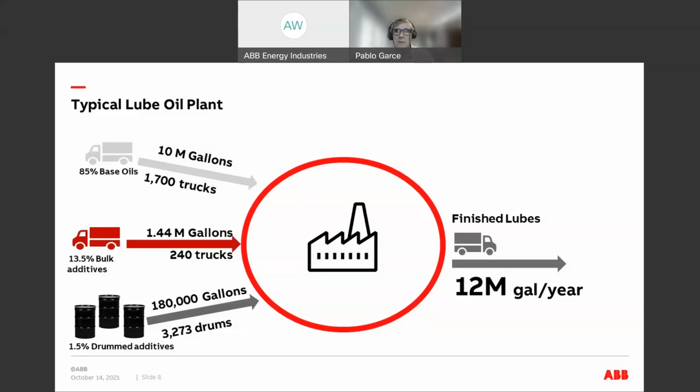These are bulk components, additives that we're adding to the formulation.